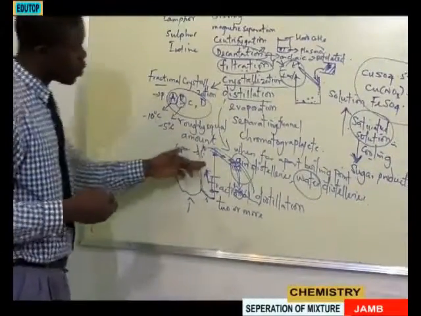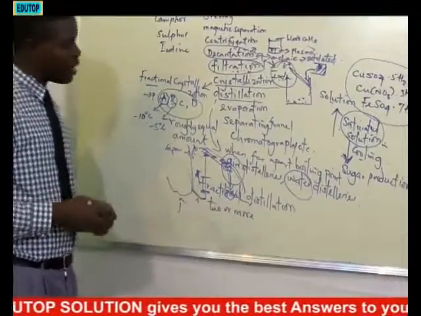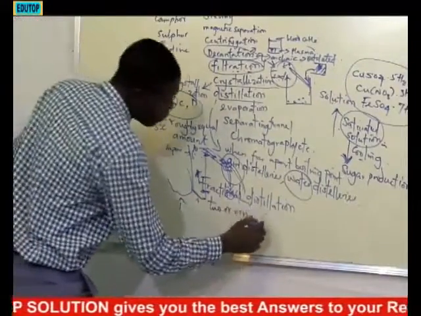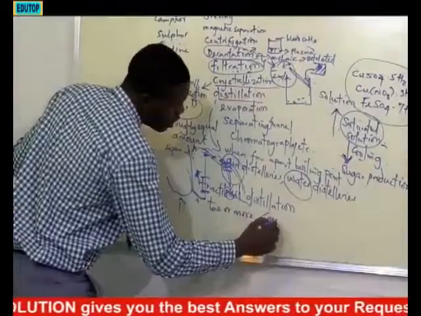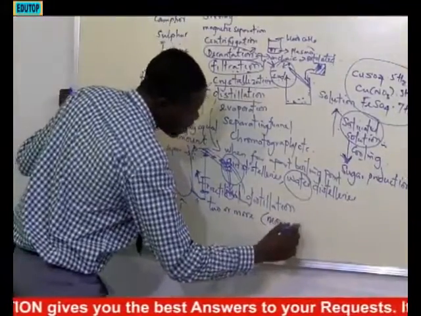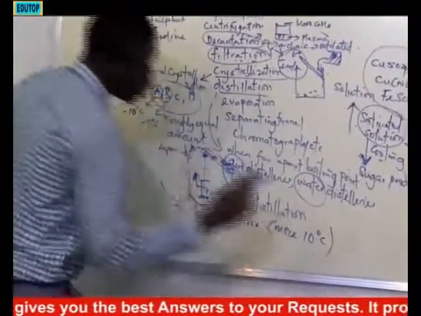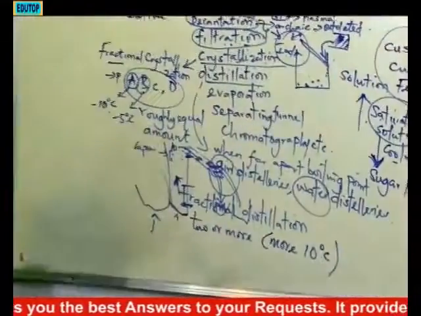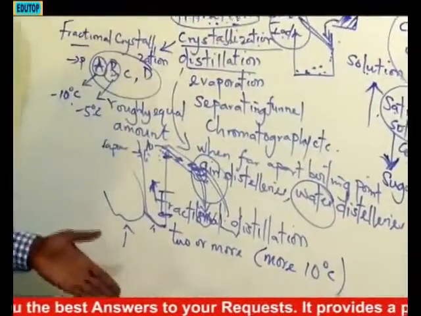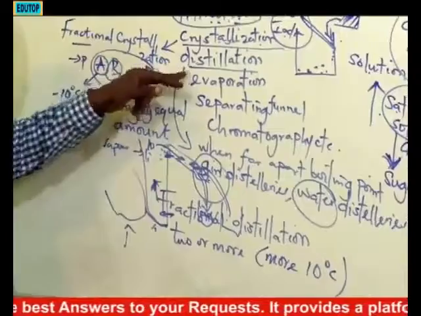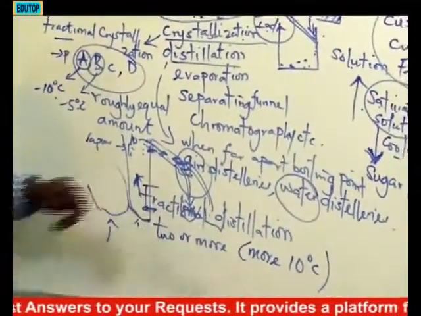So you need to resort to fractional distillation. And another condition for this is that the boiling point difference must be more than 10 degrees Celsius. It must be borne in mind, because you can be asked what is the major difference between distillation and fractional distillation.